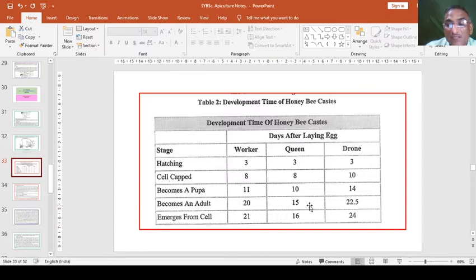As soon as they become adult and developed, they leave the comb for gathering or protecting or any kind of job they perform, after 21 days in worker, 16 days in queen and 24 days in drone. So drone takes maximum time for the developmental stages after laying eggs. So this is the chart of the life stages.